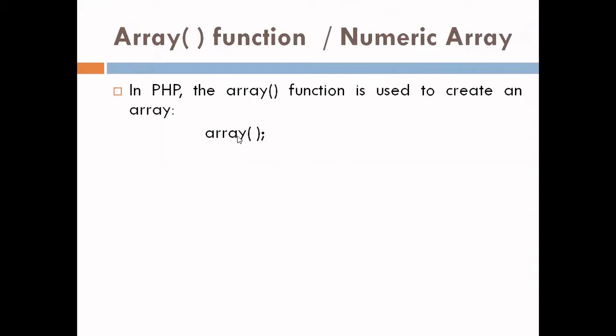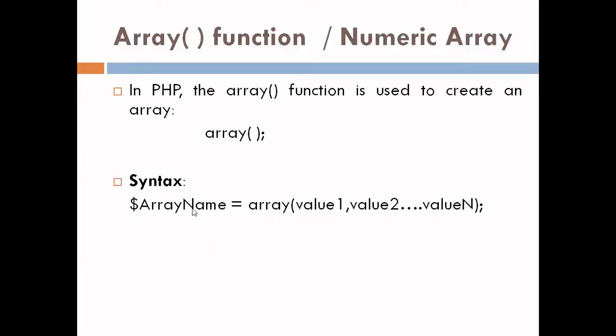The syntax is $arrayname is equal to array, and in a round bracket we have to provide the values. Here, arrayname is my array name. Array is a keyword, or a function, by which we can create an array in PHP. And here we have to provide the list of values. Based on that list of values, it will determine the size of our array.